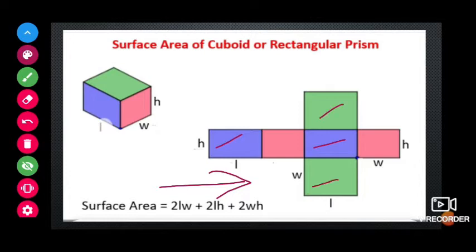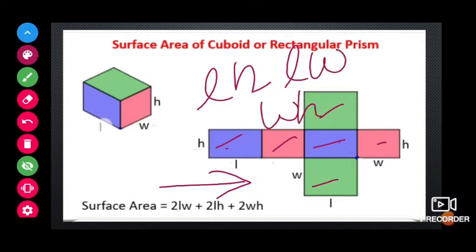These two faces will be the same, and these two faces will be the same. It is a combination of length and height, length and width, width and height. Whenever we take each face, it looks like a rectangle. How do we find the rectangle area? By using length into breadth. So here, L into H.